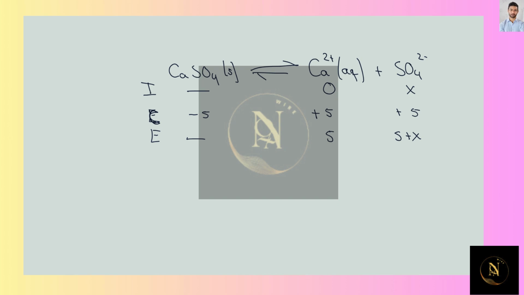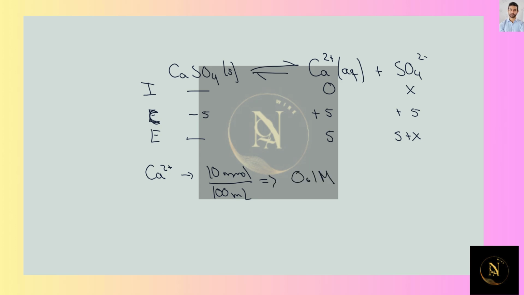We're starting with a solution of calcium 2 plus, which contains 10 millimole in 100 milliliters. This is equal to having a concentration of 0.1 molar.